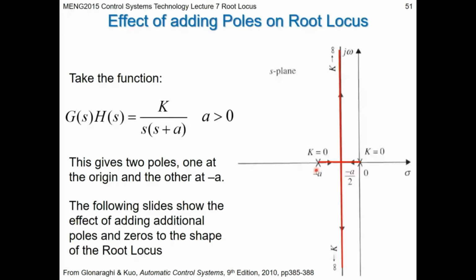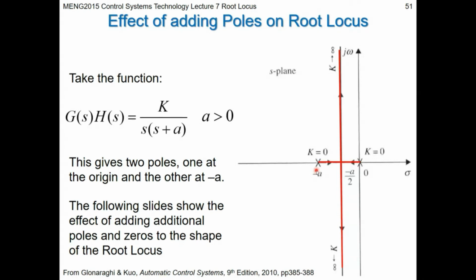If you have 2 poles and no zeros, then you're going to have 2 asymptotes going off to infinity. To determine the angle of the asymptotes, you have to divide your circle by the number of asymptotes. The circle is 360 degrees, divide that by 2.